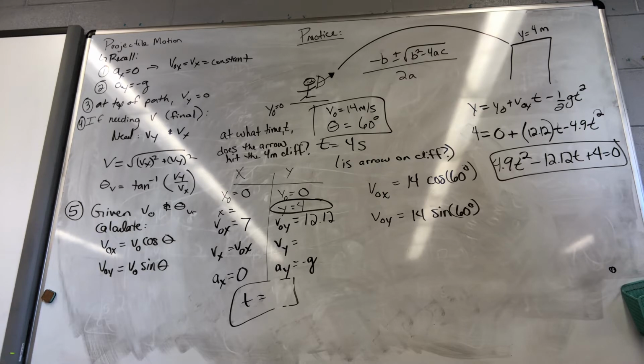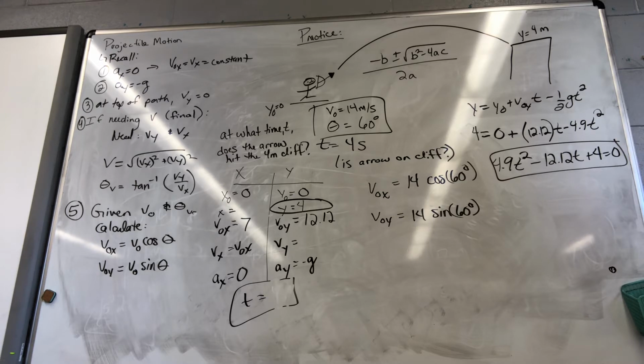What do you get from your square root? 68.494. Okay, now this is where I get confused with the plus or minus.